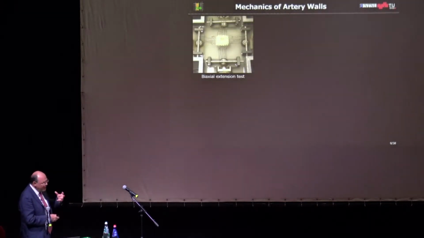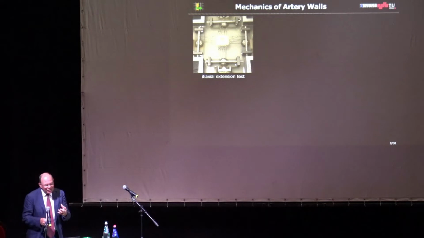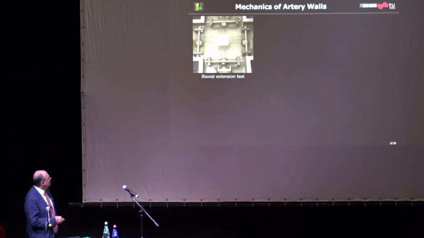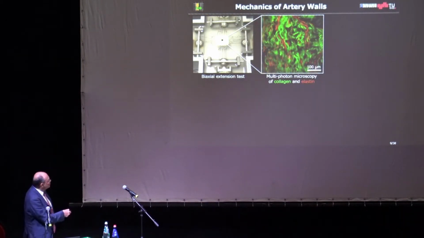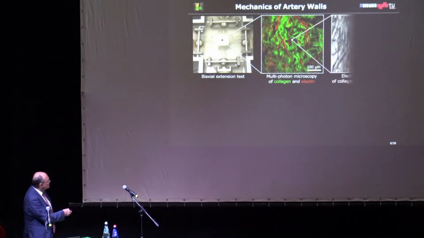So now we want to understand how the microstructure contributes to the overall mechanics. So we typically do these biaxial extension tests, but now we do it under the microscope. And you see here a picture on the microscale, which is in green, again, the collagen fibers, and in orange, the elastic fibers, the elastin.